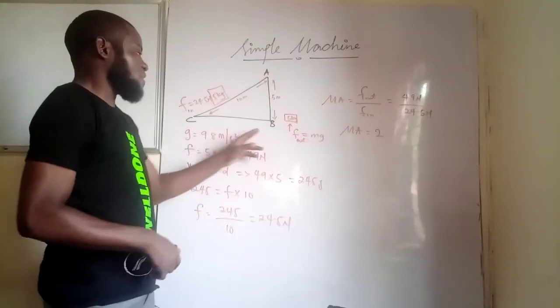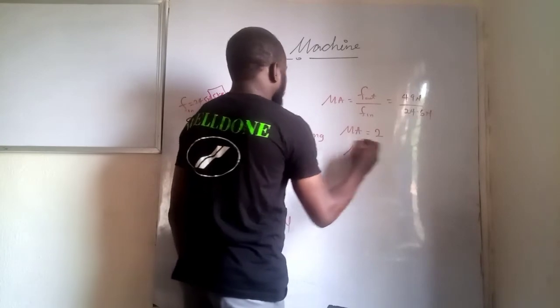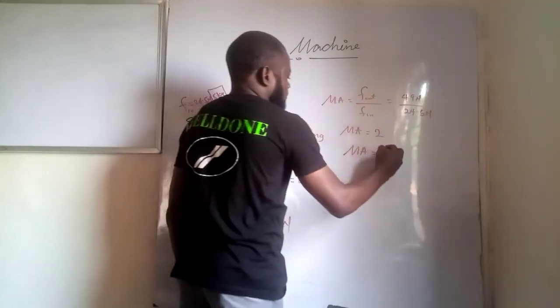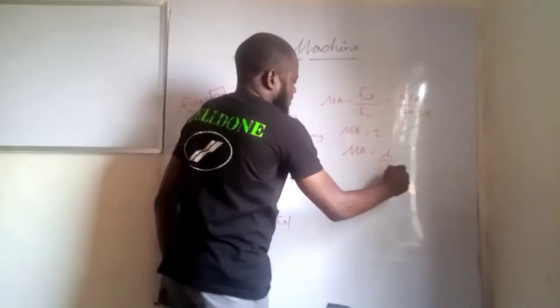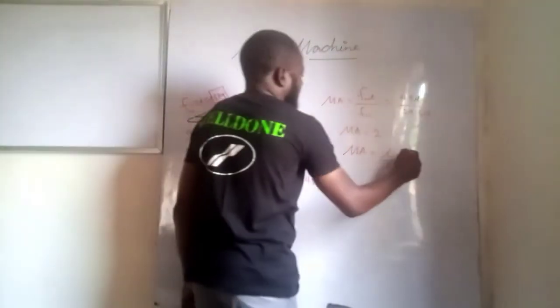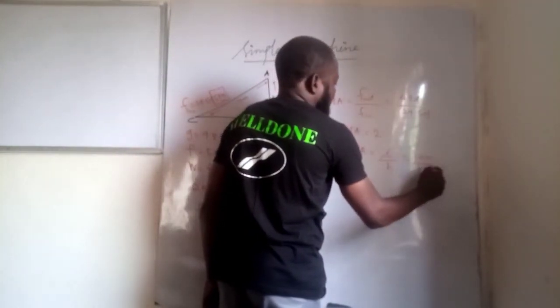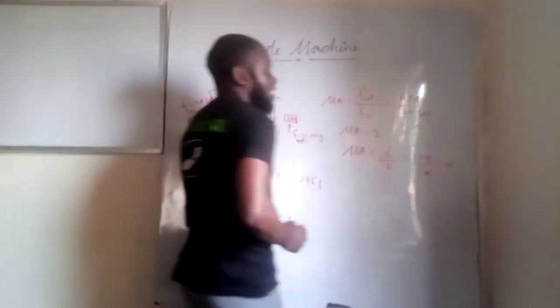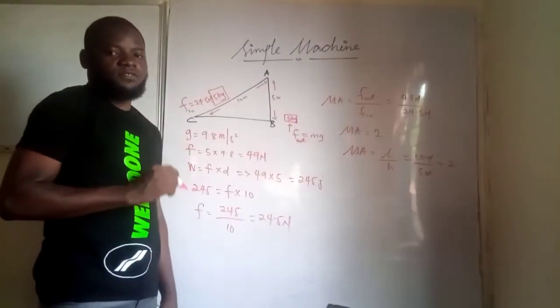So we can also get the mechanical advantage by saying that MA is equal to the ramp length divided by the height. You can also use that in getting your mechanical advantage, and that will become 10 meter divided by 5 meter, and we have what? The mechanical advantage to be 2. What about your velocity ratio?